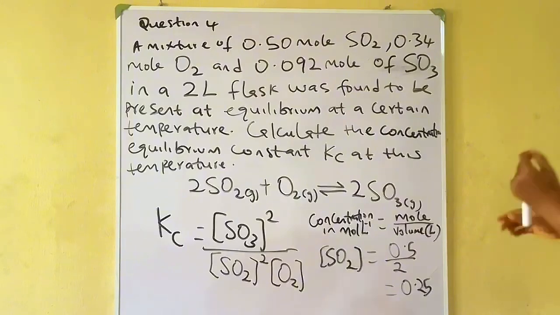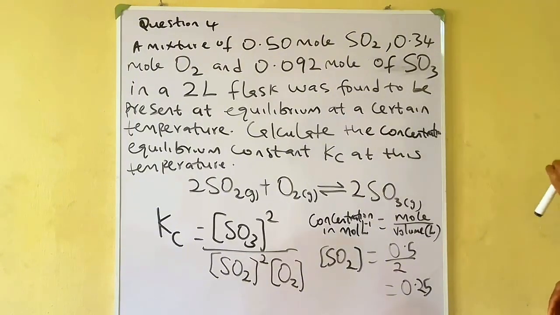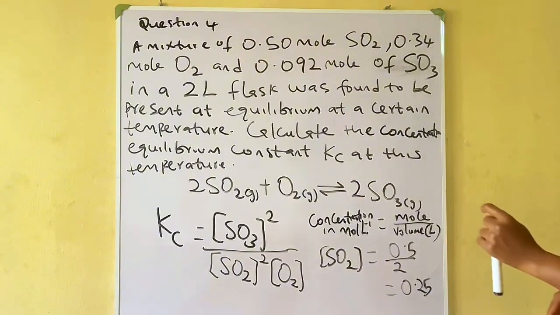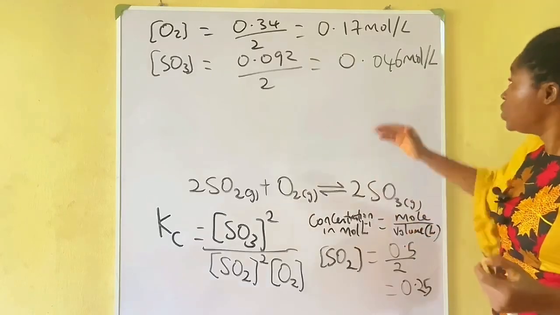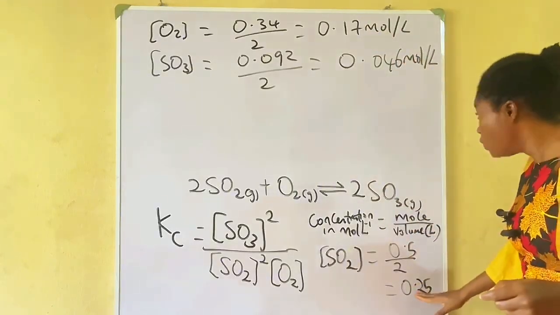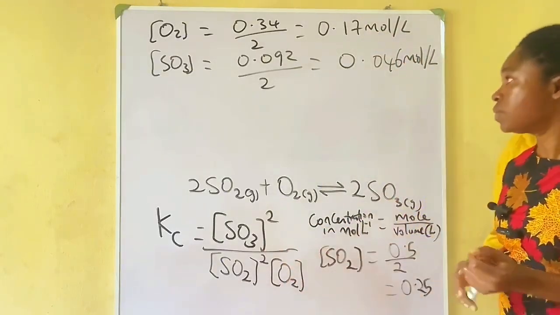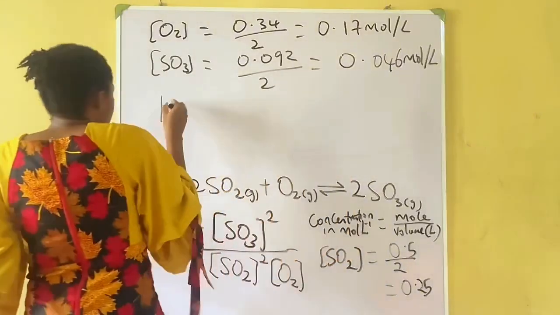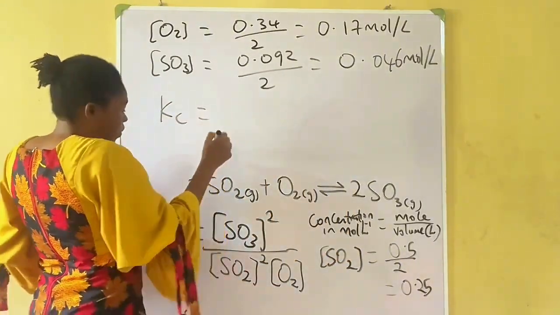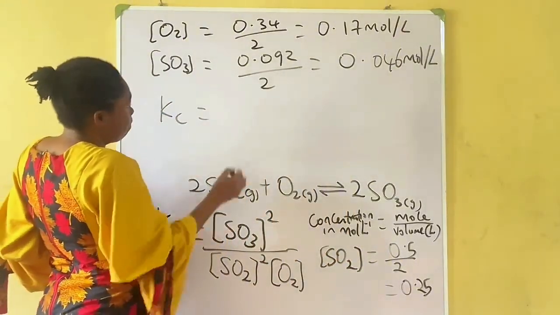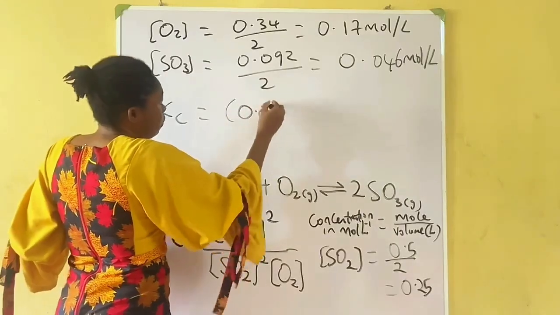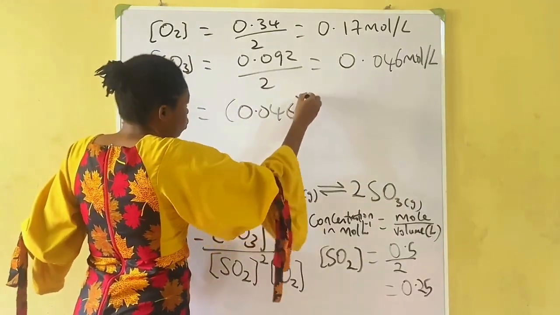So do the same for oxygen and SO3. So we're going to substitute these values into this equation. So Kc will be, so SO3 is 0.046 raised to power 2.